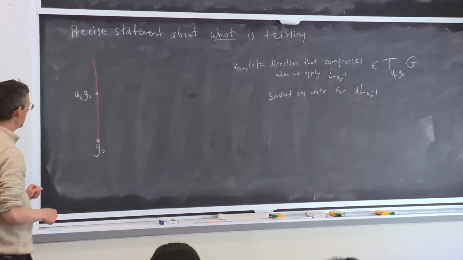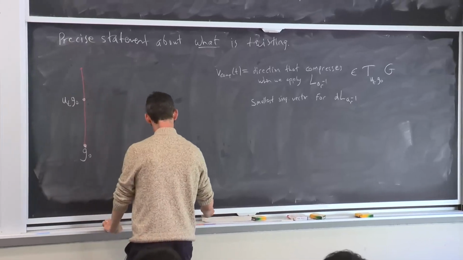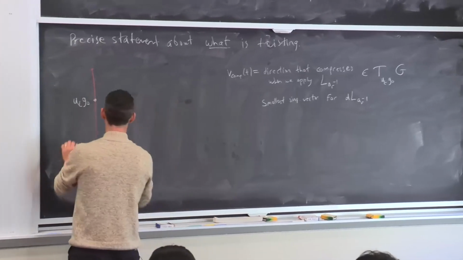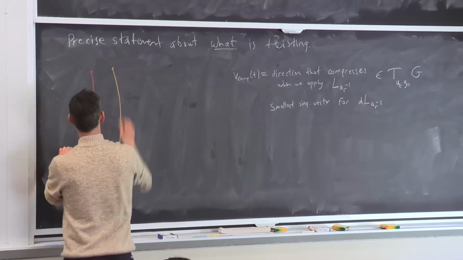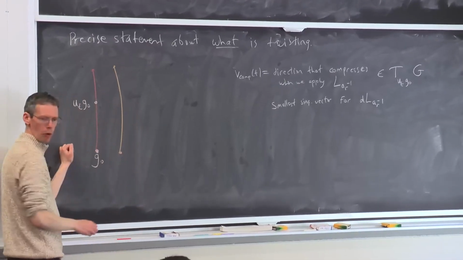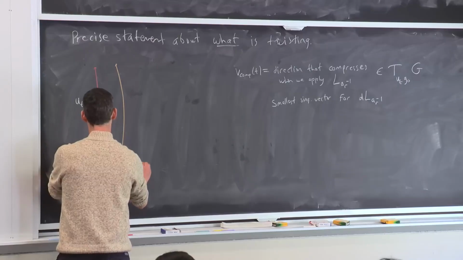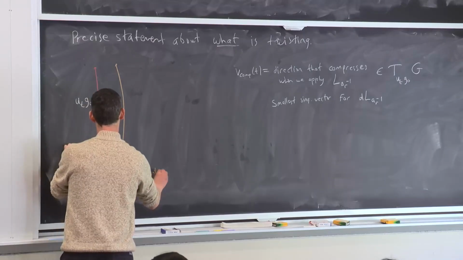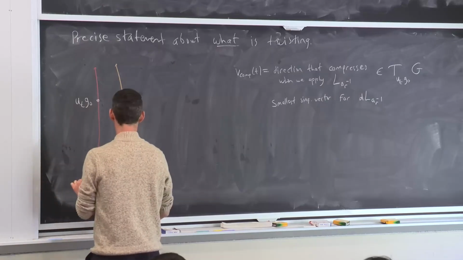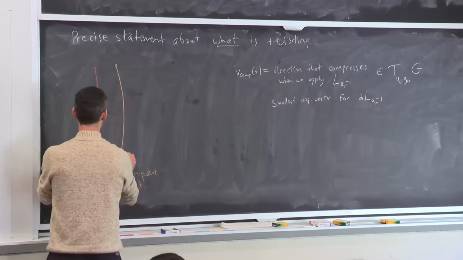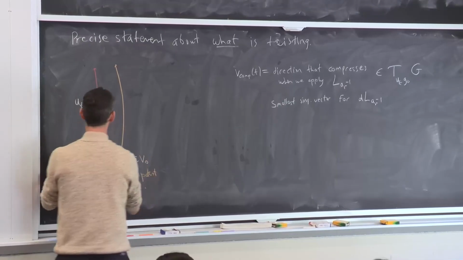Now, what does it mean relative to the unipotent orbits? Suppose that over here, I have another unipotent orbit, a nearby unipotent orbit. This might be g naught plus epsilon times v naught.